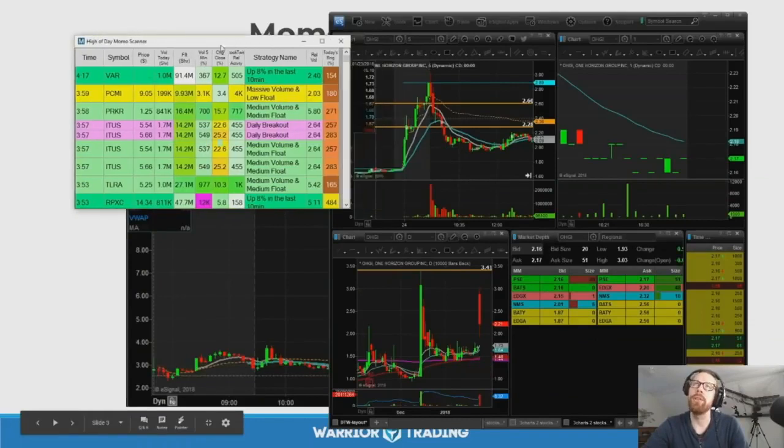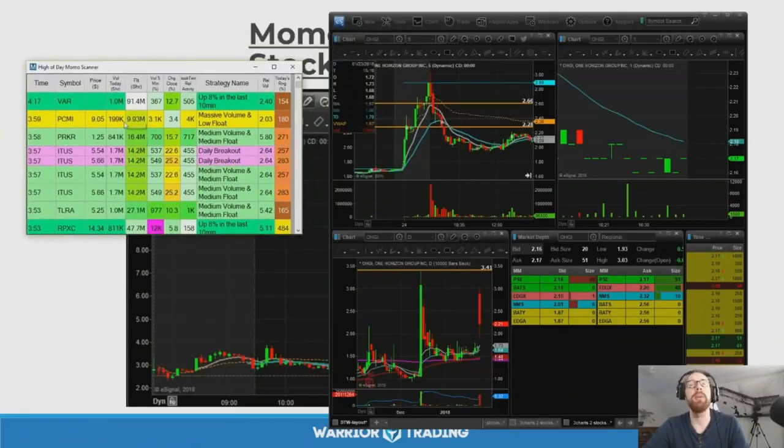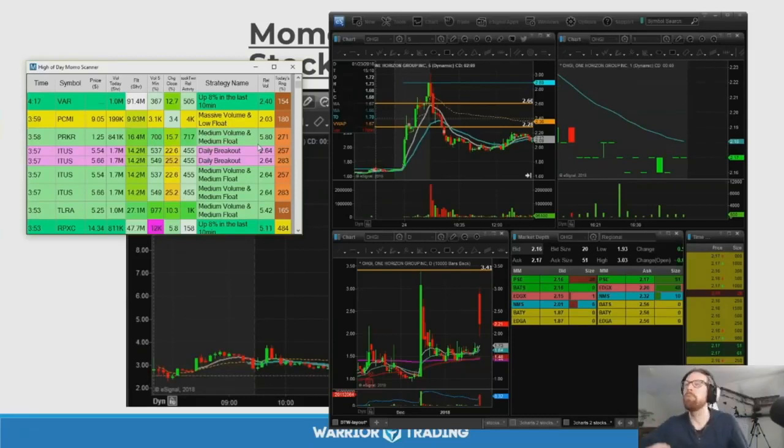Now, the other way that I find stocks is by using my high day momentum scanner. So this scanner at any given moment is searching for stocks in the market that are moving higher. So I have this very finely tuned, these are proprietary custom settings that I've created to search for momentum.